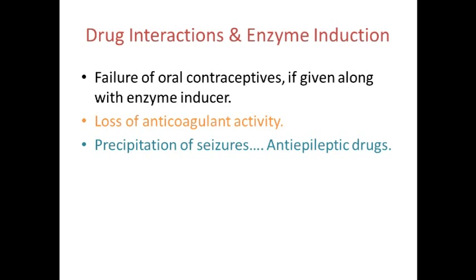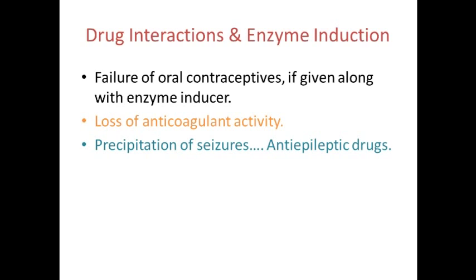So a fertile aged lady comes to you and she is already taking oral contraceptives, and then you start her on an enzyme inducer, any enzyme inducer for that matter, for any other disease, phenobarbital or rifampicin. The effects of oral contraceptives are going to go down because they share the same common pathways. So the levels of oral contraceptives might just go down and they might become ineffective, and a lady can become pregnant if the chances are there.